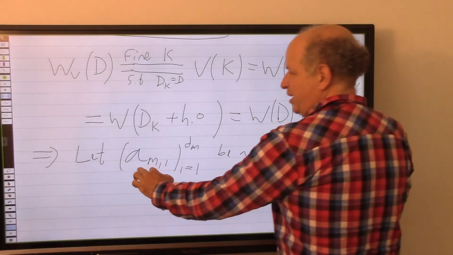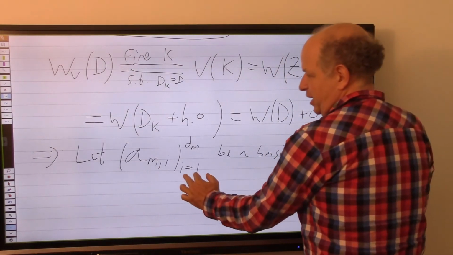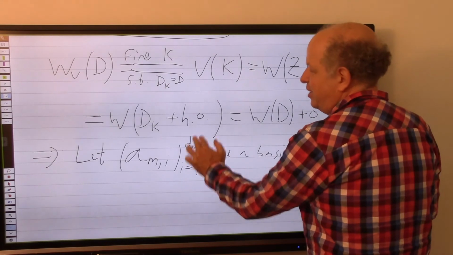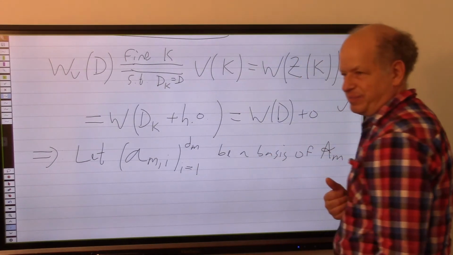So I'm choosing a basis for each degree m piece, and the degree m piece is d_m dimensional. So let this be the basis.